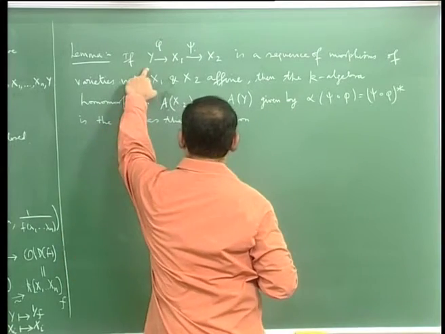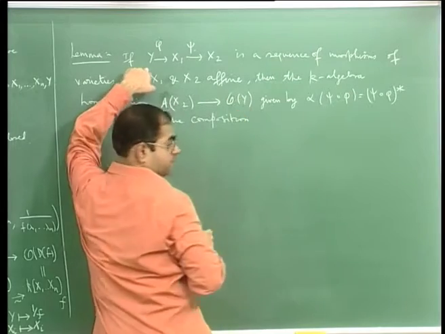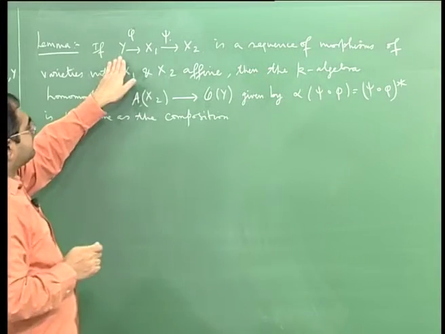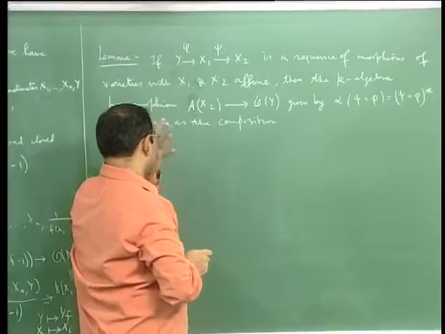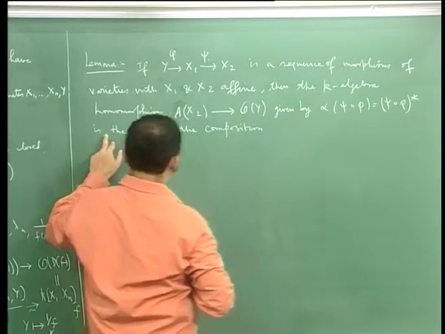I should be careful here, it is A of X2, I should not write A of Y, I should write O of Y, because as I told you it is a convention that we write A only if it is an affine variety. Y is just a general variety, it need not be affine, but only X1 and X2 are assumed to be affine. Yeah, so let me continue the statement.